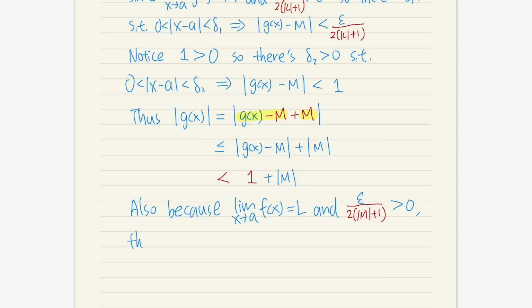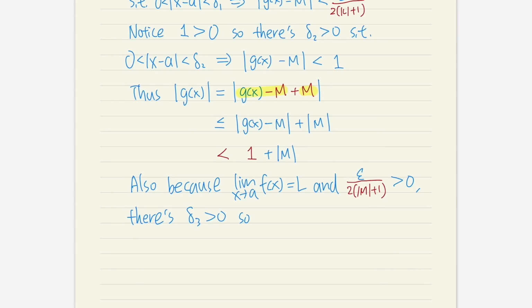Then we know that there is another delta, so I'm just going to put down delta 3 greater than 0, so that if the absolute value is in between 0 and delta 3, so I'll just write down like this. Then we know that the absolute value of f of x minus L is less than this part.